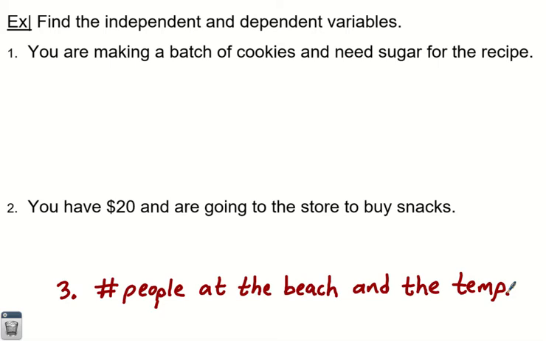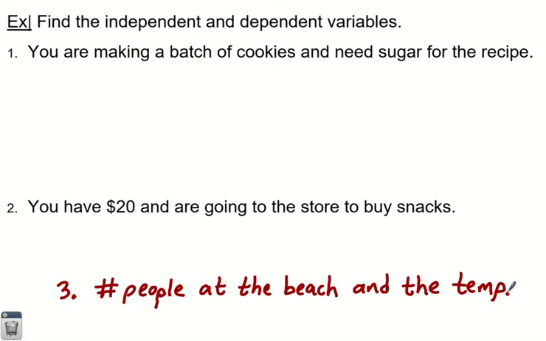In number one, you're making a batch of cookies and need sugar for the recipe. Well, you could probably spin this both ways, but for now, just for the sake of understanding what dependent and independent mean, let's say the amount of sugar that you need would depend on how many cookies you want to make.